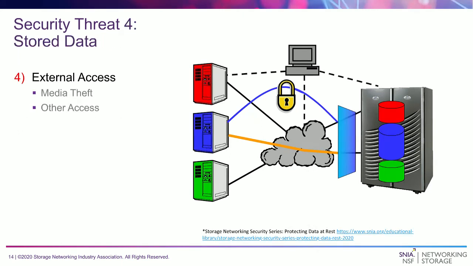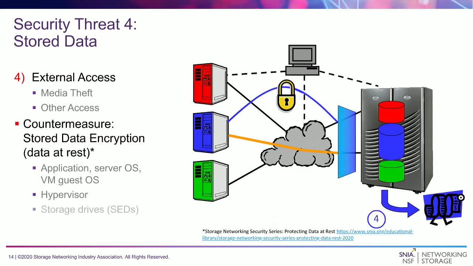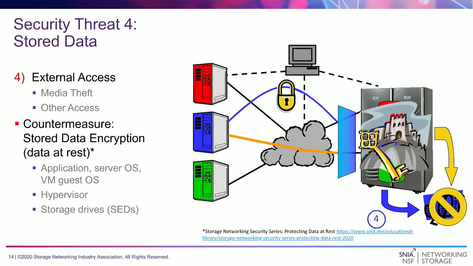Finally, when we are looking at the security threat 4 on the stored data, which is basically physical external access to the storage device, that is something that may or may not happen depending on your environment, but is something that needs to be taken care of. The way in which this can be treated, the fundamental way is stored data encryption, so encryption of data at rest.